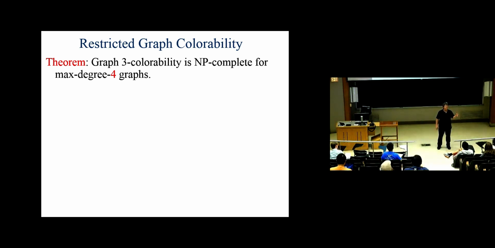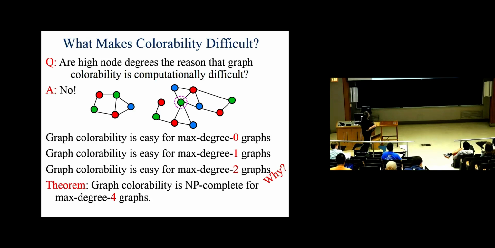Different problems, different parameters, different thresholds. So now we're exploring the threshold of intractability in the graph colorability problem. Notice I deliberately left out max degree 3. For extra credit, you tell me if colorability for max degree 3 graphs is an NP-complete problem.